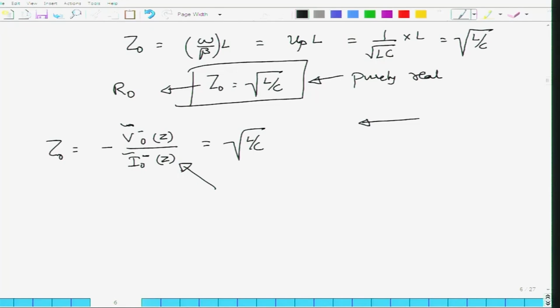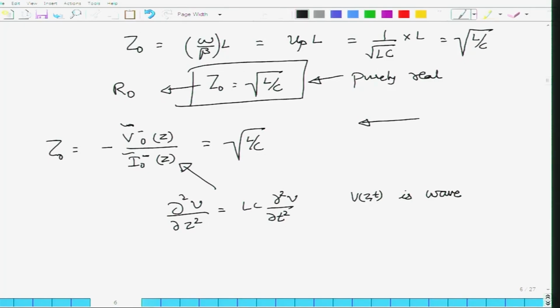Okay. So, to summarize what we have been looking at so far, we started off with the equation del square V by del Z square equal to LC del square V by del T square for the voltage, and then we showed that voltage V of Z,T, that is changing along the transmission line, is actually a wave which is propagating along either plus Z direction or minus Z direction.